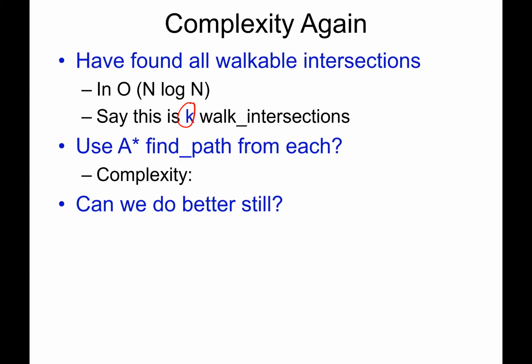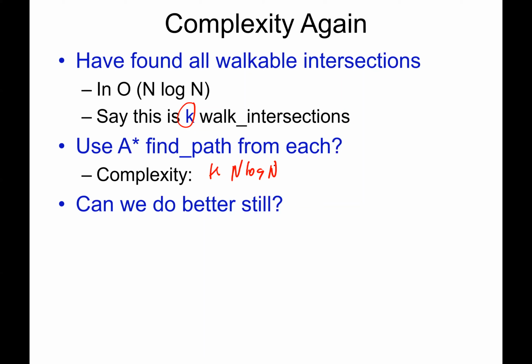Okay, so I don't see anybody, but basically we've done n log n work and we found all of our possible walk intersections. There are k of them. For each one of those k walk intersections, we could invoke our A* algorithm. And A* is again n log n.